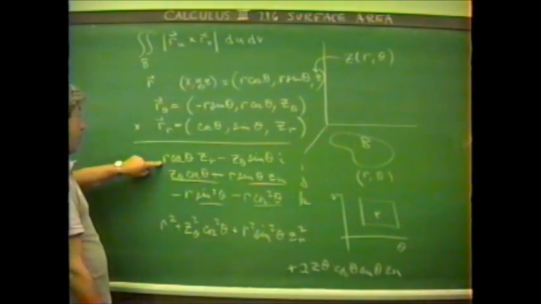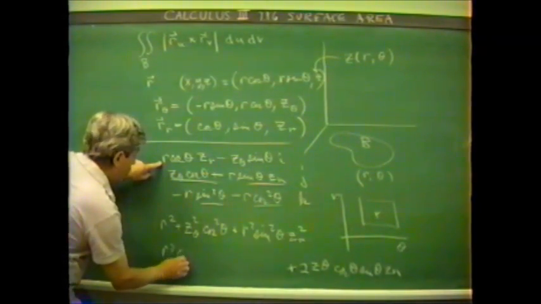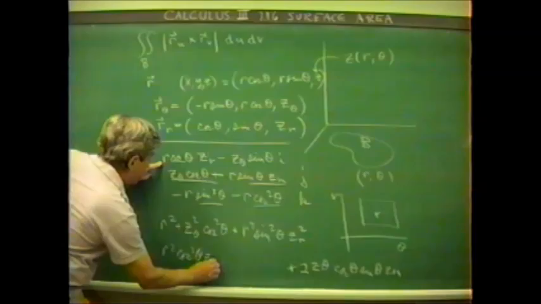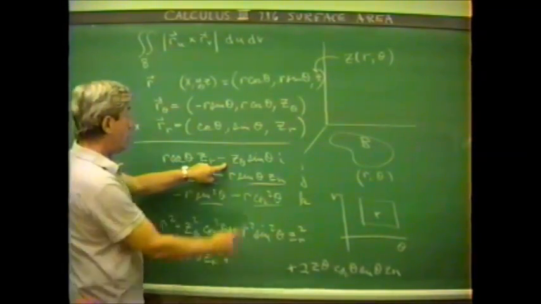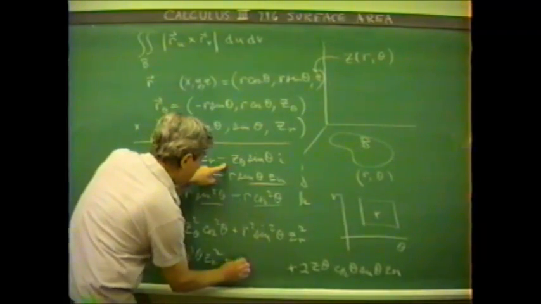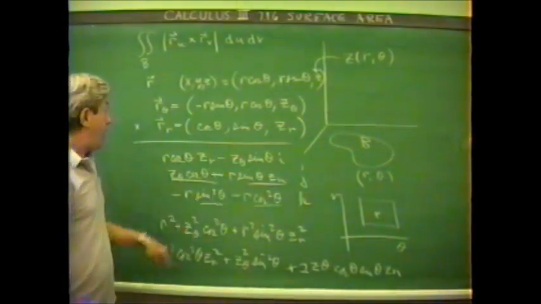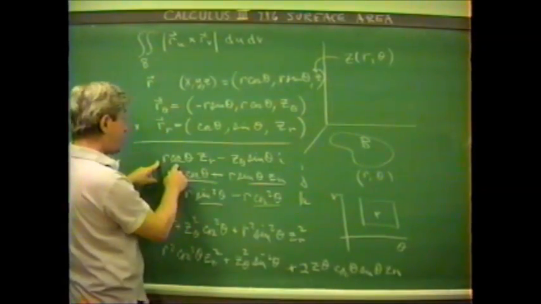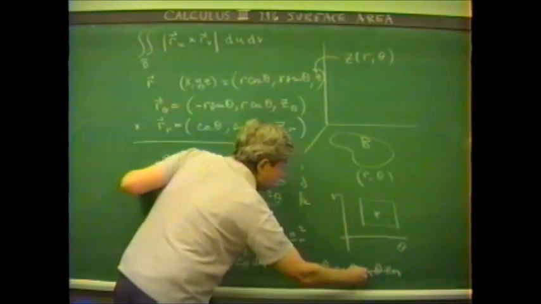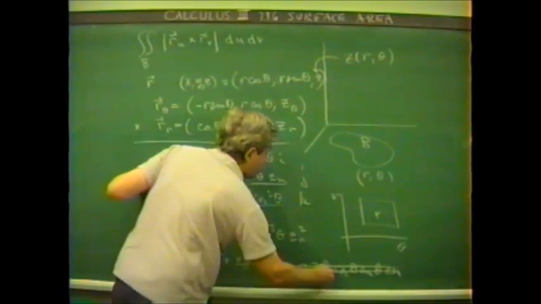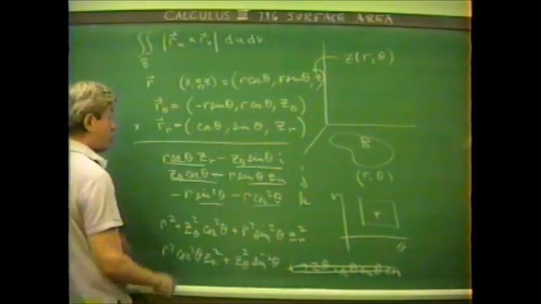Then we square the i component: r squared cosine squared theta z r squared, and z theta squared sine squared theta, and minus 2 times that same product. That exactly cancels with the cross term here, so that term does not appear.